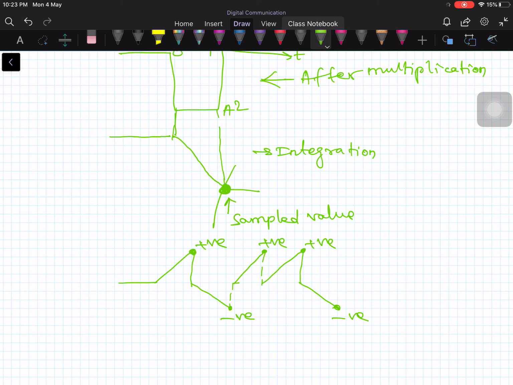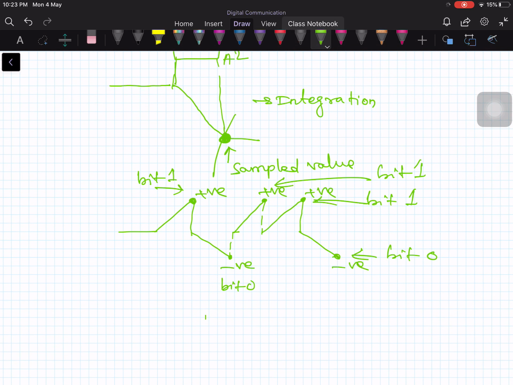That means this indicates bit 1, this indicates bit 0, that indicates bit 1, this indicates bit 1, and this indicates bit 0. Therefore the sequence is 1 0 1 1 0 and so on.